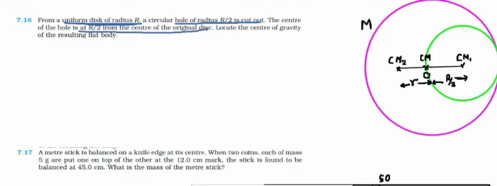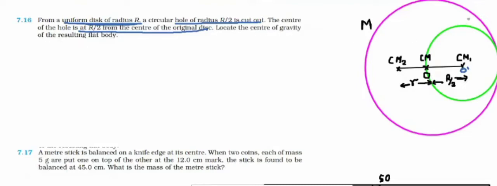So O is the center of the original disk, and the center of the small disk which is removed is at a distance R by 2, here at O dash. Locate the center of gravity of the resulting body.